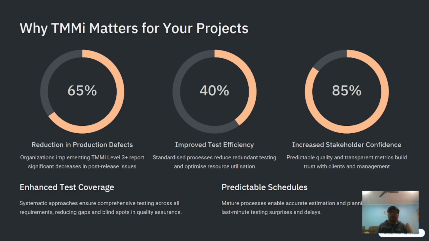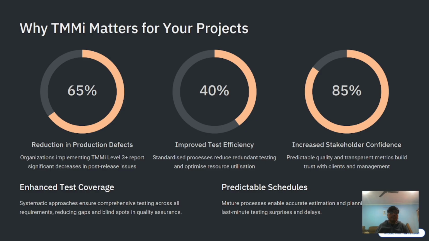That's the reason stakeholder confidence is very much needed, and that's the reason quality is very important. Predictable quality and transparent metrics build trust with the client and management. Even the client can trust and management can trust. And the study has shown that when we bring TMI into the life cycle, 85% trust or confidence from the stakeholders has been seen on the quality.